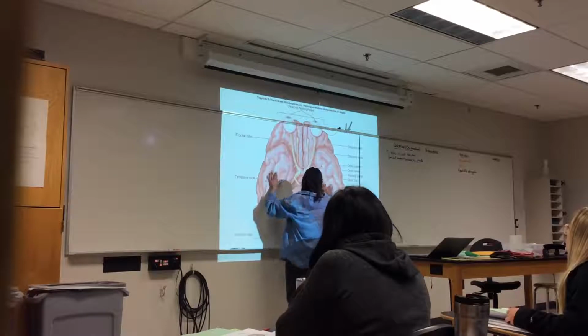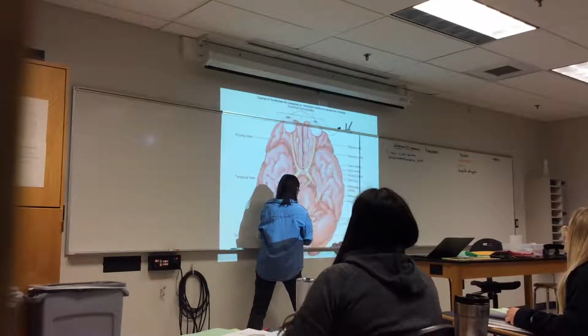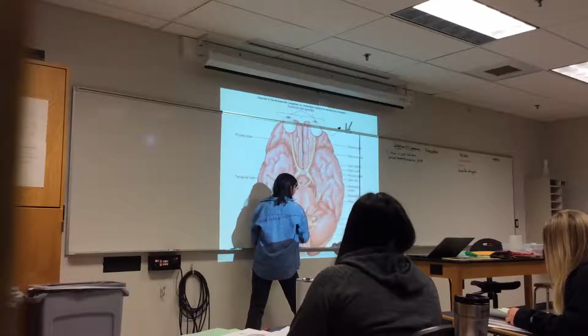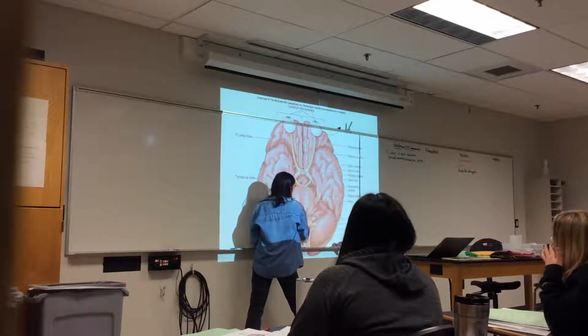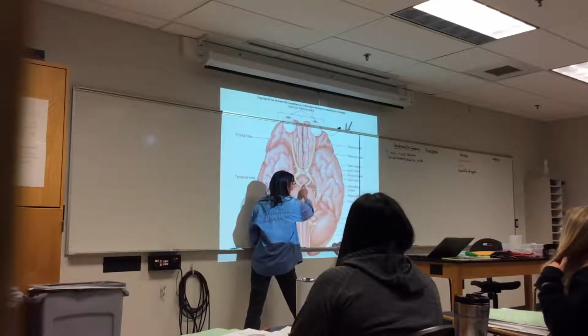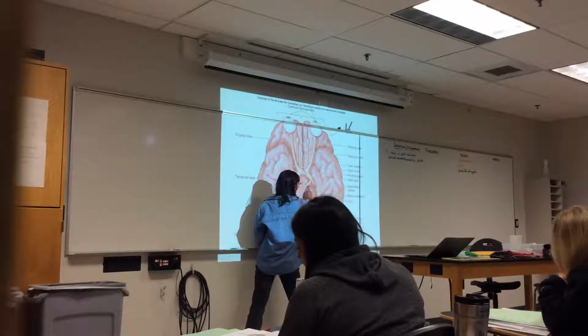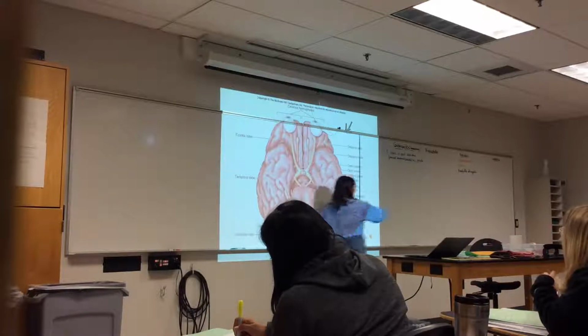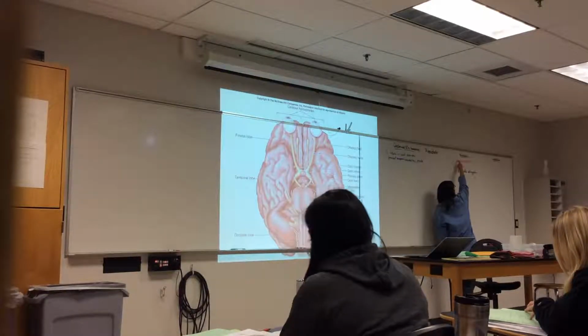Cerebrum, right? This would be the cerebellum, and the brainstem is in the middle. That make sense? Okay, so here you see a little bit of the mesencephalon, right here. Mesencephalon. That's the beginning of the brainstem.